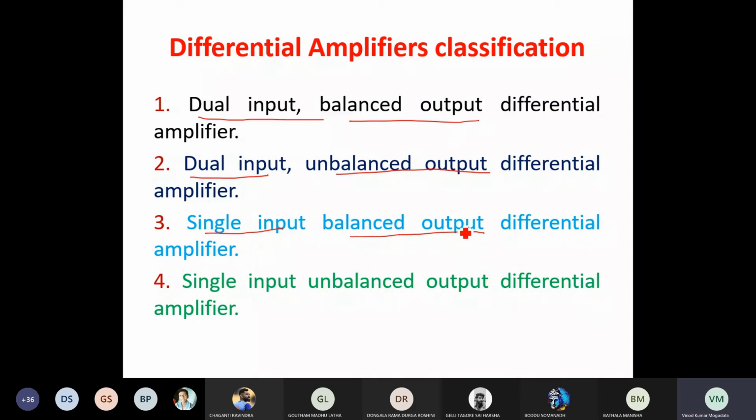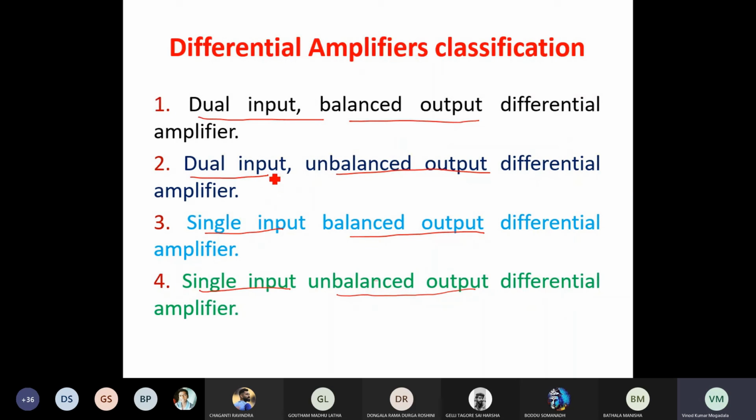Then it is called balanced output. In the last case, you apply the input at only one of the bases and you take output only from one of the collectors. So then it is single input, unbalanced output. So in case of dual input balanced output, we are applying input to both the base terminals and taking the output with respect to both the collectors.